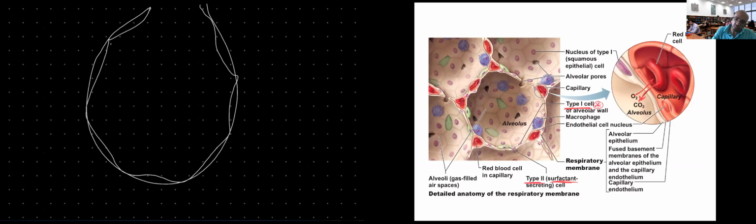In order for me to allow the gas exchange, I need to have a film of water lining those tiny alveoli for the soluble gases to move in and out of my alveolus. So if we're looking here, it's a very tiny space. I have water lining the alveoli.